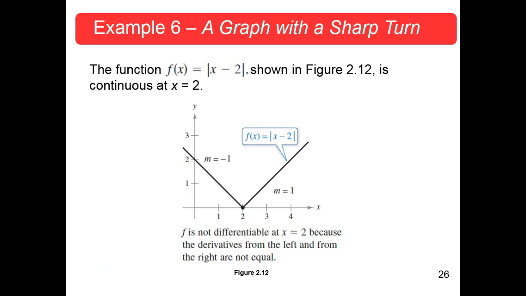What's the slope of this line? It's negative 1. What's the slope of this line? 1. And the slope at 2? Not defined. It's one thing coming from one way, the other coming the other way. Continuous function there, no problem, but it's not differentiable there. Differentiable here and here, but not there because the limits here and there are different.